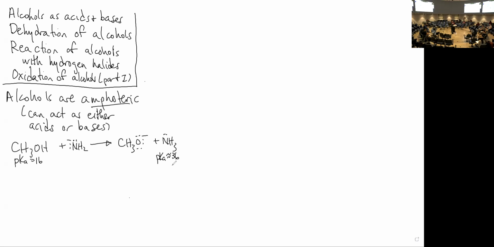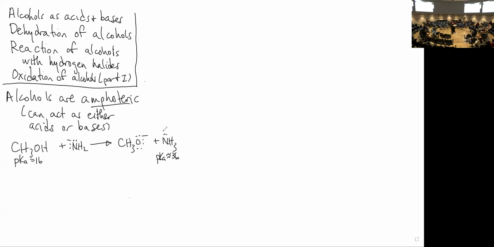So remember that the reaction, this is also something you'll have covered in Gen Chem, will always favor formation of the weaker acid. And remember, the one with the higher pKa is going to be the weaker acid. That makes sense because the weaker acid is the one that less wants to be without its protons.